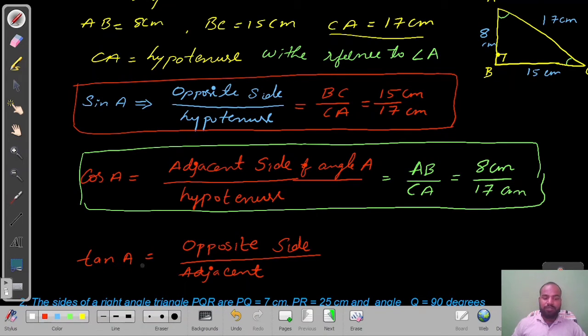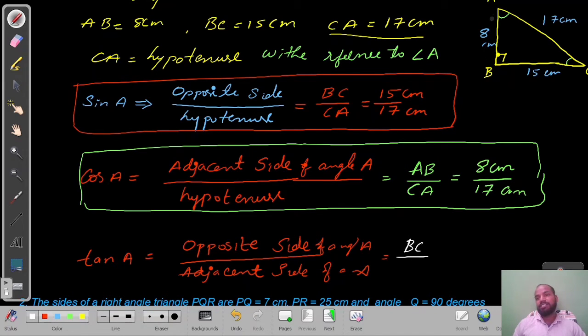See, what is the formula for tan? That is opposite side of angle A by adjacent side of angle A. Now, what is the opposite side of angle A here? This is angle A, right? Opposite side is BC by, now what is adjacent?